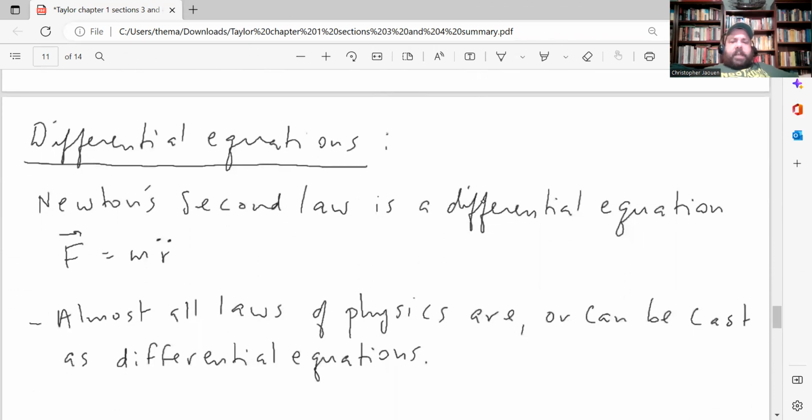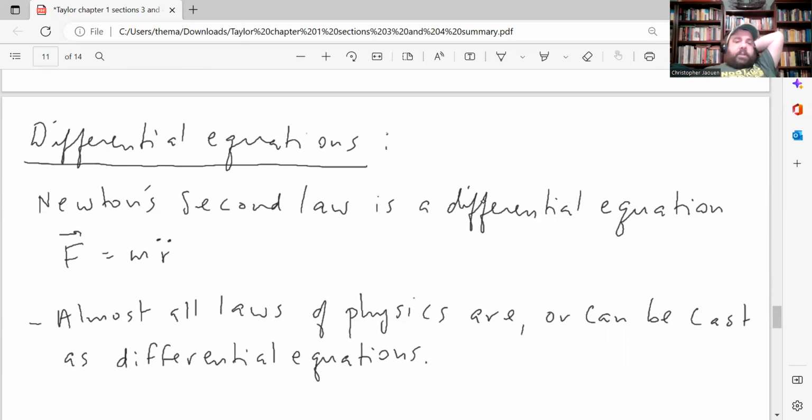Right, he does have a little bit of a paragraph or so on differential equations. And one of the reasons that I decided to start a series on differential equations is because you need to know how to solve differential equations for classical mechanics. So here he says almost all laws of physics are or can be cast as differential equations. So you're going to need to know how to model with differential equations, and you're going to need to know how to solve differential equations.